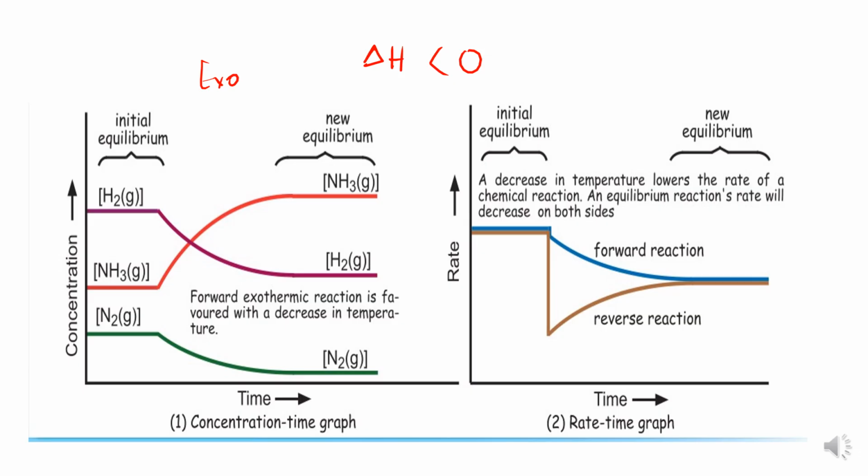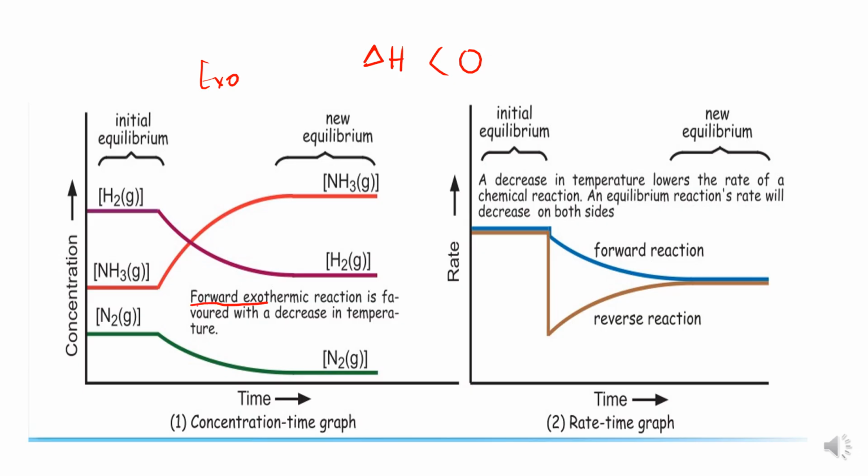Here, a disturbance happened. Before, we had equilibrium, the concentrations were remaining the same. And then they were constant. They were remaining at the same value. And then when you look at the disturbance, after the disturbance happened, the concentration of NH3 increased and the concentration of H2 decreased, which means since the concentration of NH3 increased, the reaction producing NH3 is the one that was favored, which means in this instance the forward reaction was favored.